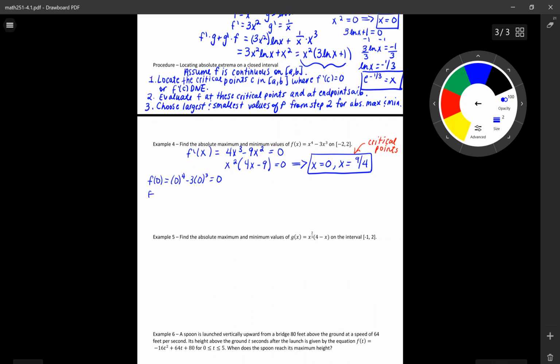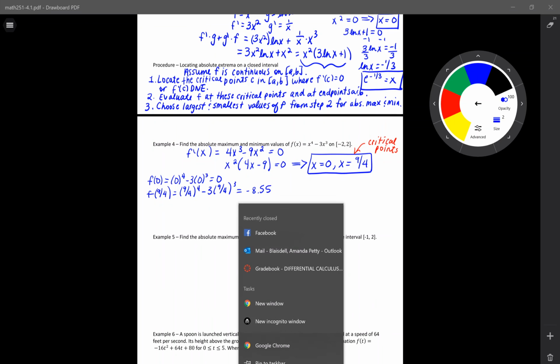I see that f of 9/4 is equal to 9/4 to the power of 4 minus 3 times 9/4 cubed, which is equal to, if you type this into your calculator, negative 8.55. Okay, so those are our two critical points.